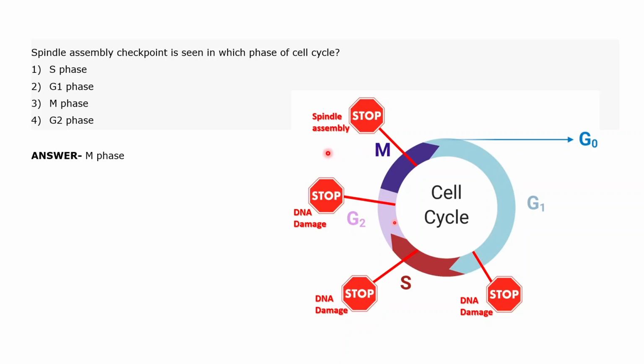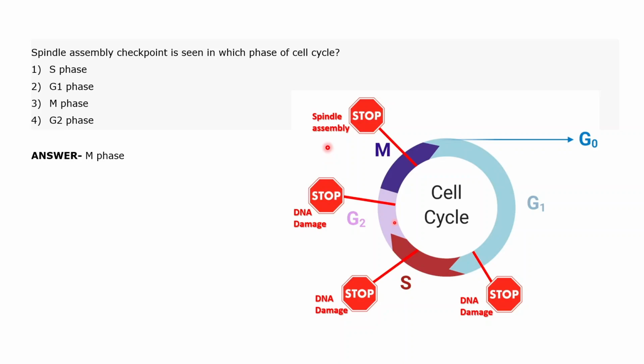Whenever a metaphase to anaphase transition needs to take place, the spindle fibers need to get attached to the kinetochores of the chromosomes. Only when the spindle fibers from opposite poles are attached to the opposite kinetochores of the sister chromatids can the chromosomes be pulled apart and the sister chromatids separated from each other. Only then does the metaphase to anaphase transition take place, right? It is completed at the stage when the sister chromatids are separated from each other.